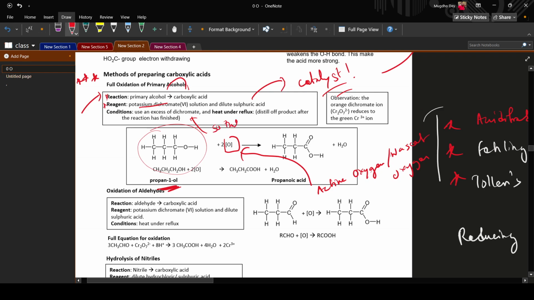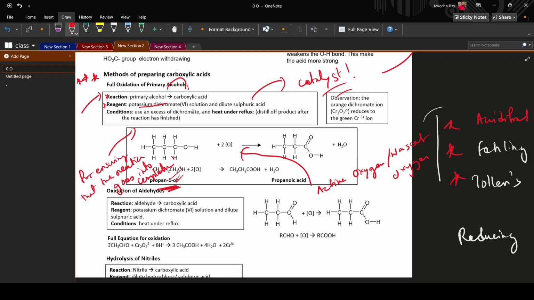Let me tell you why we use excess dichromate in heat under reflux. The main reason is pretty simple: for ensuring that the reaction goes to completion. So in order to ensure that the reaction goes to completion, we perform this whole method via heat under reflux, and we use excess dichromate(VI), so that some of it is left even after the whole reaction is completed.